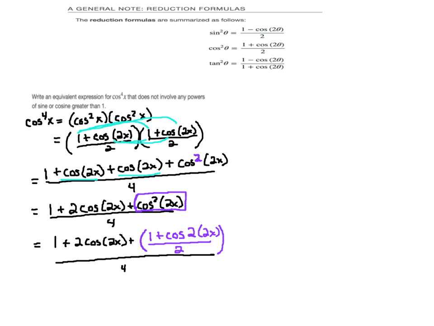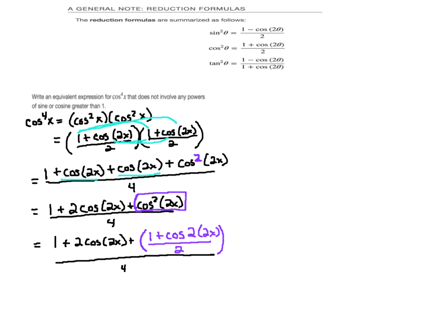Okay, so I can either get common denominators and add my numerators, but I think it's easier to go ahead and pull off that 1/4 out front and just multiply what I have left over here.